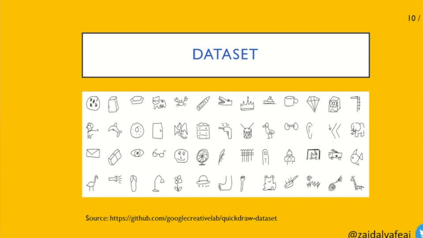For each of these classes, we give a label, for instance 0, 1, 2, 3, 4. As long as you have the dataset that you are training on, things are much easier.